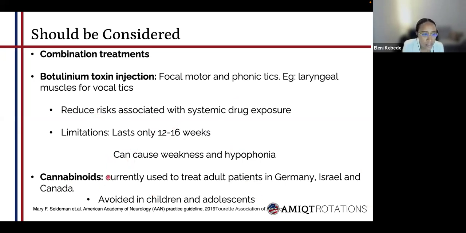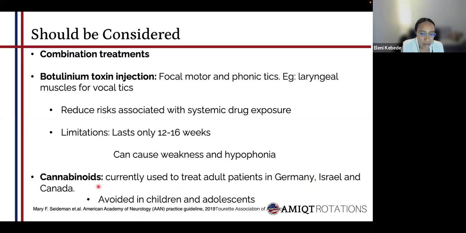The other is cannabinoids. Currently, this for Tourette's is used in certain countries only. In Germany, Israel, and Canada, it's being used. AAN says there's limited evidence for THC that it may be possibly more effective than placebo.